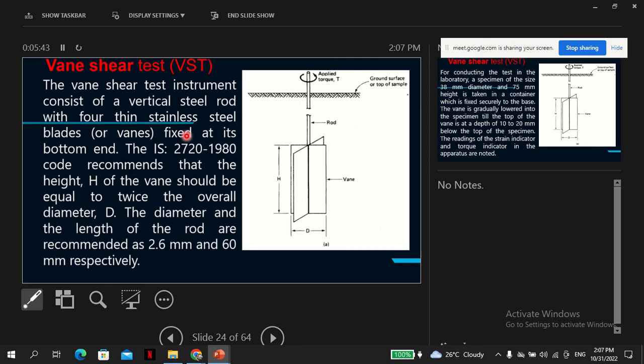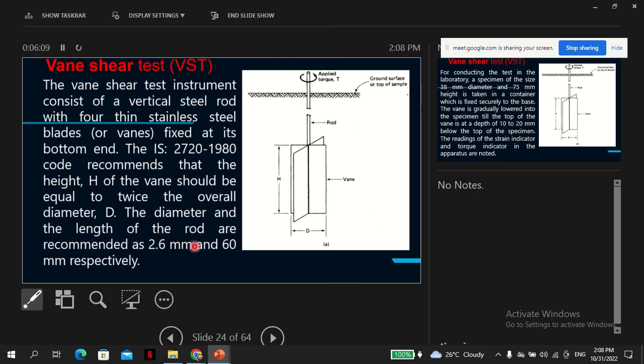The height of the vane should be equal to twice the overall diameter. We said this. Well, this is the traditional way. Otherwise, these days it doesn't matter. Well, it should be at least that ratio. There are certain vane shears we'll see that do not necessarily obey that ratio.